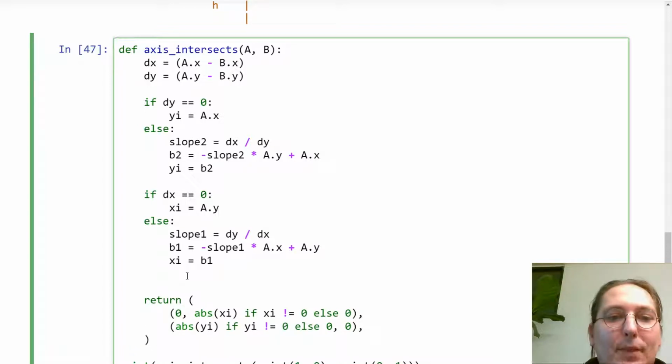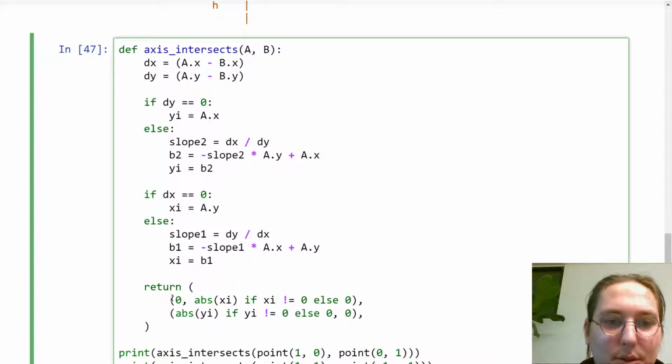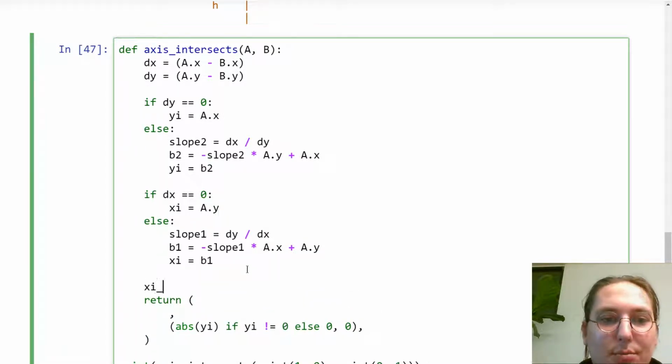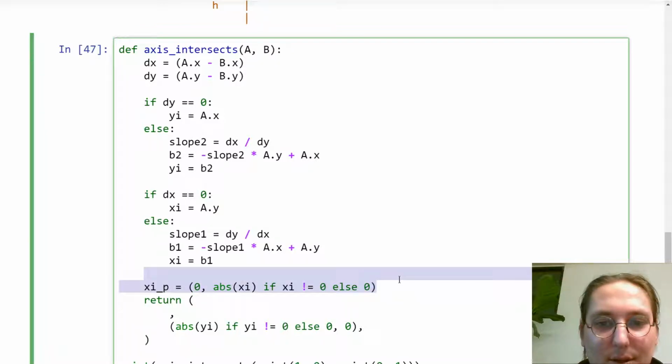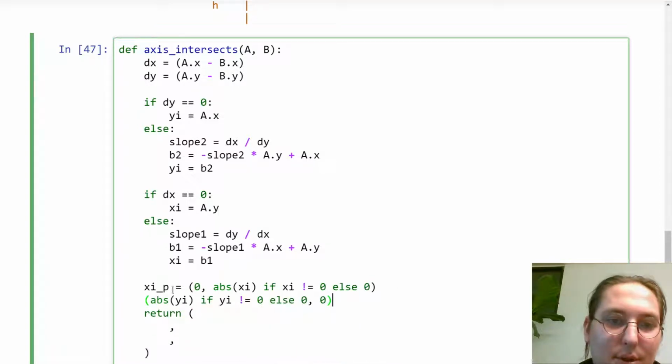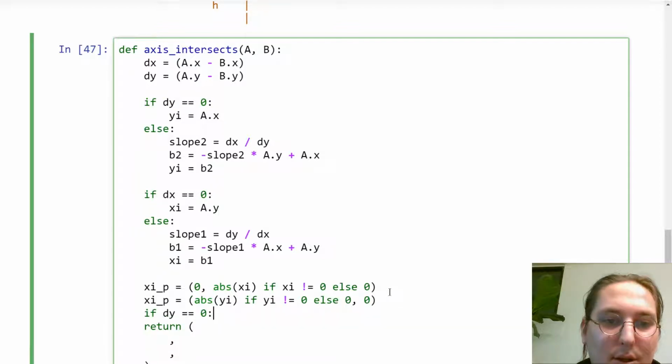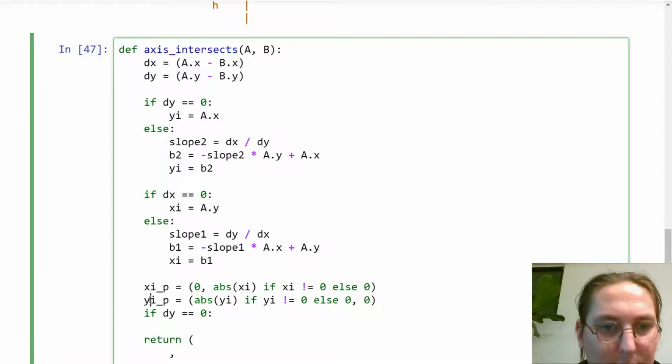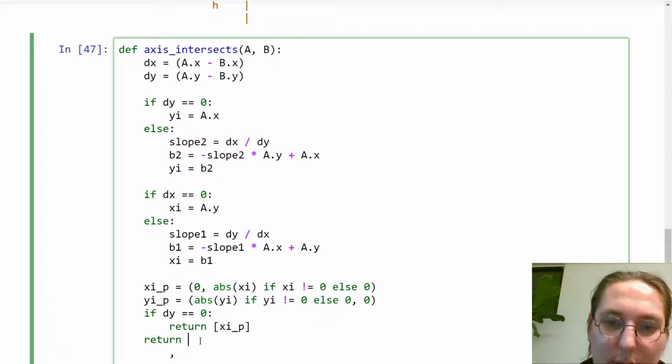Okay, let's just do this. We're calling this the x intersection point, and this we're calling the y intersection point, and they may be meaningless. So if this is the case, then we only return this one, y.